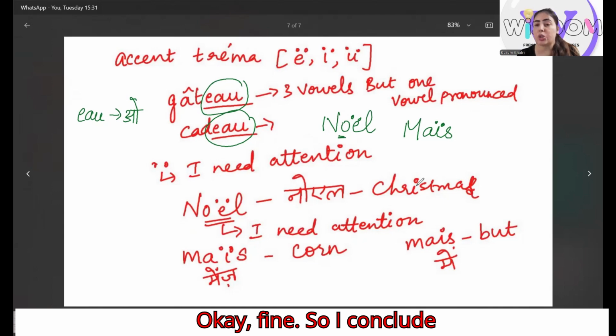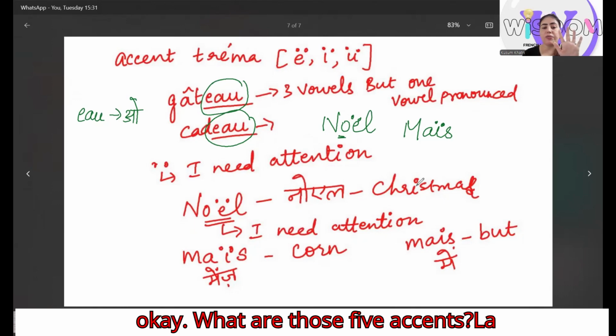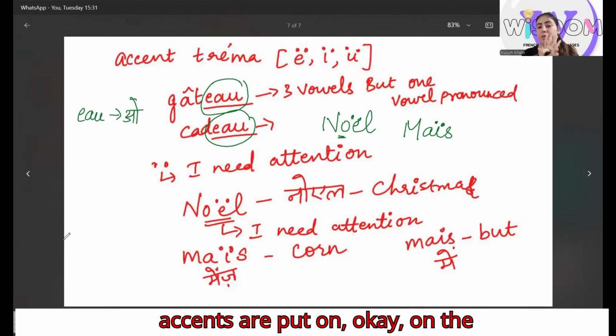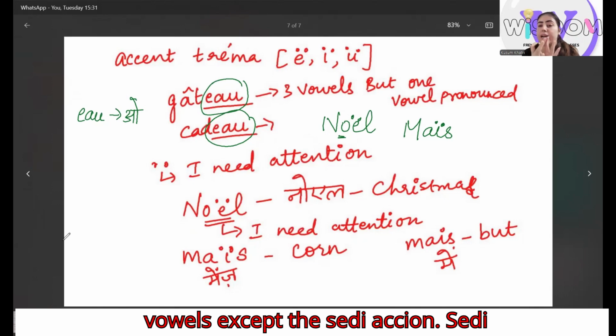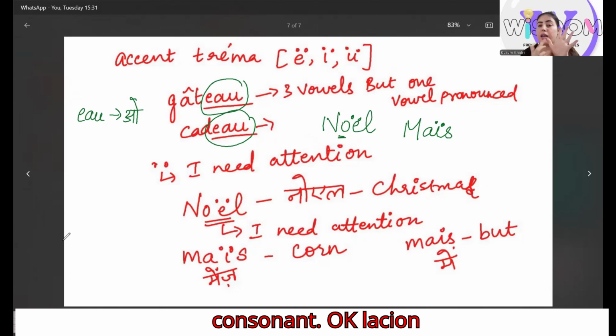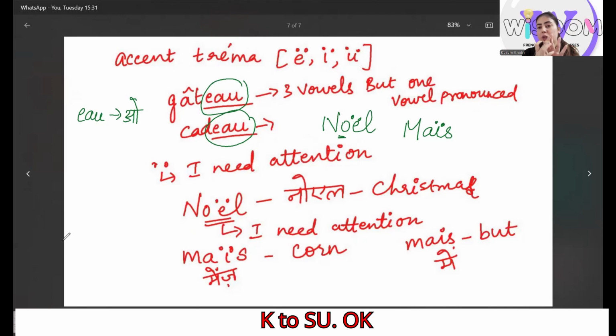Okay, fine. So I conclude again. There are 5 accents. What are those 5 accents? L'accent grave, l'accent aigu, l'accent cédille, l'accent circonflexe, l'accent Tréma. All the accents are put on the vowels except the cédille accent. Cédille is put underneath the consonant C. L'accent grave takes a sound, l'accent aigu takes a sound, l'accent cédille converts the hard sound k to s.